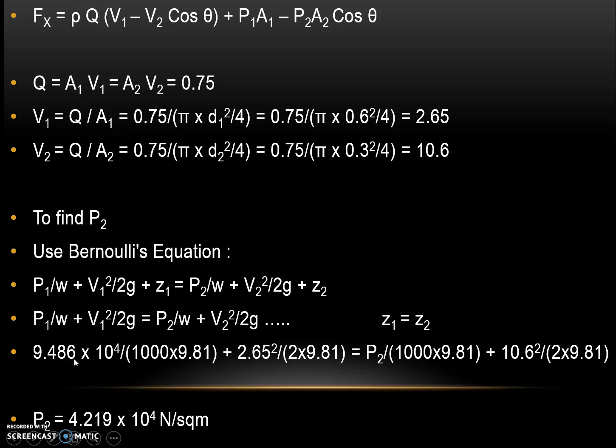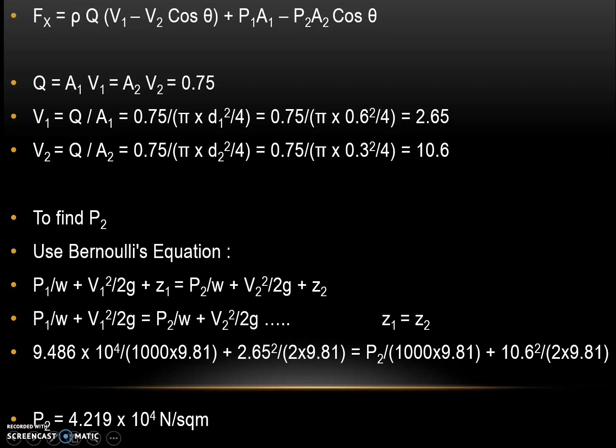P1 is 9.486 into 10 raised to 4, because we have to convert it in terms of Newton per square meter, divided by W, which is 9810 Newton per cubic meter, plus V1 square, V1 is 2.65, G is 9.81, which is equal to P2, which is unknown, divided by W, which is 1000 into 9.81, plus V2 is 10.6 and G is 9.81.